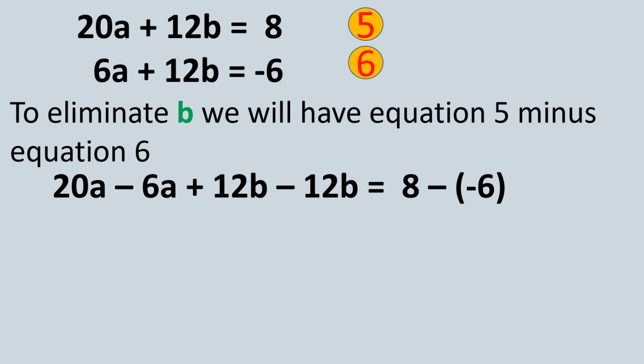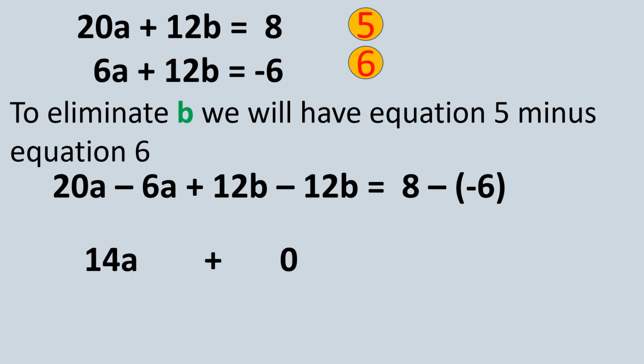Then the b component in equation 5, that is 12b, subtract the b component in equation 6, that is 12b. So that's why you have plus 12b minus 12b. And then looking at the constant term in equation 5, we have 8, and in equation 6, you have minus 6. So we say 8 minus 6.